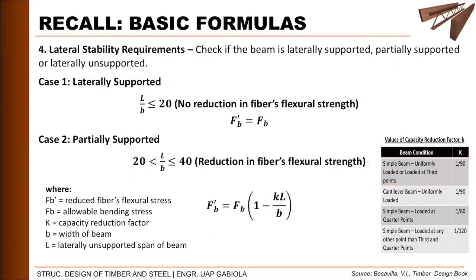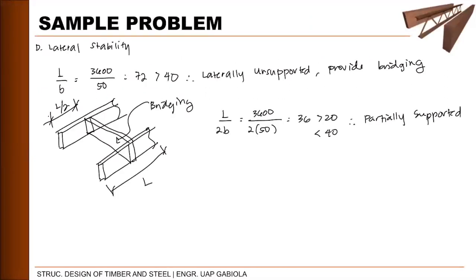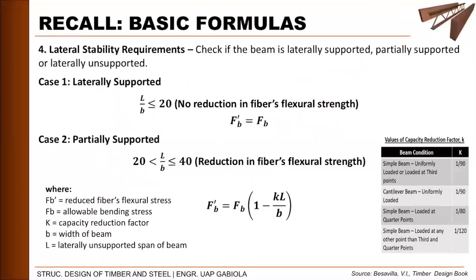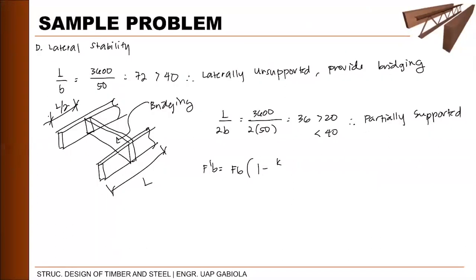Okay? So let's go back dun sa slide natin. We have f prime b is equals to fb times 1 minus, formula natin is, wait lang, KL over B. Okay, so KL over B. Ito, KL over B. Okay, pero yung L over B natin dito, pertaining na siya dun sa 36 natin.